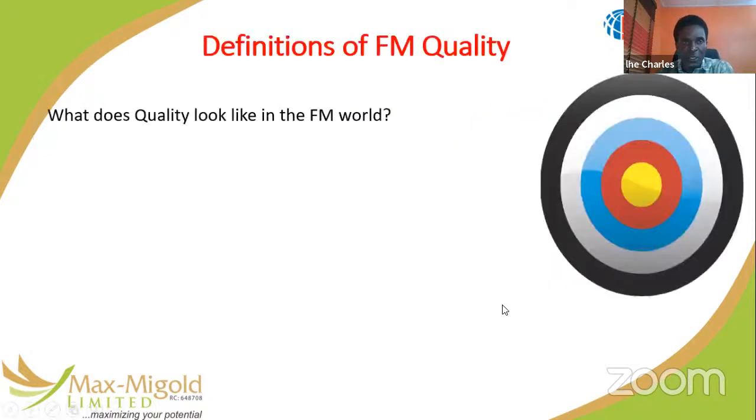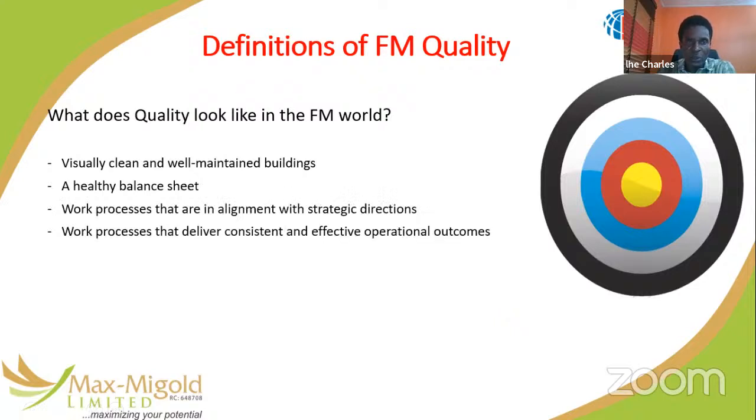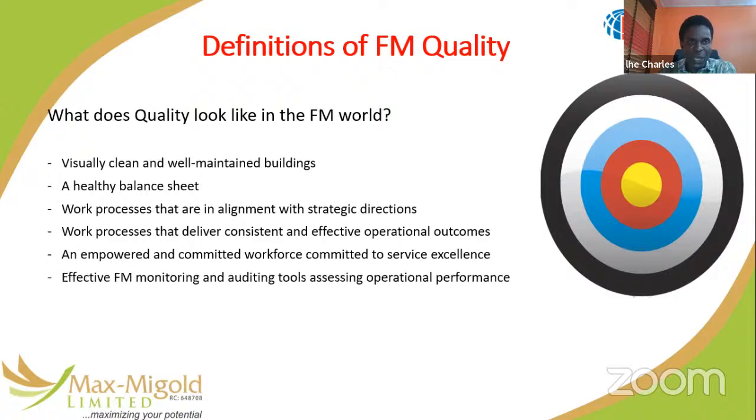Okay, definition of quality. We've talked about what quality looks like in the FM world: visually clean and well-maintained buildings, a healthy balance sheet, work processes that are in alignment with strategic direction. You see, this is coming up again and again.